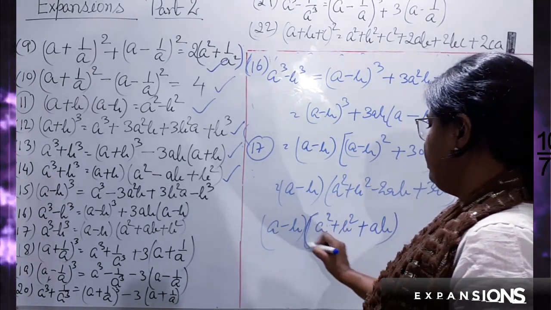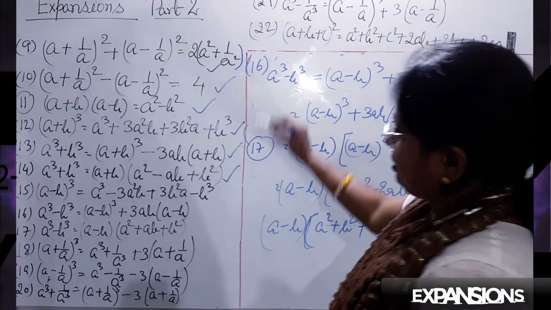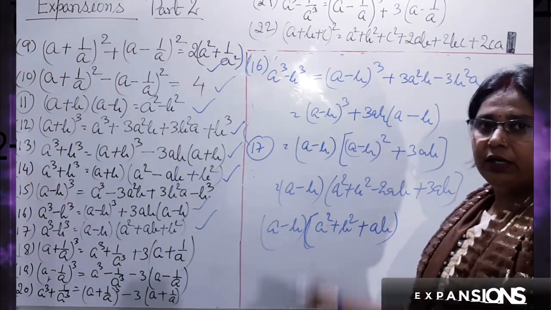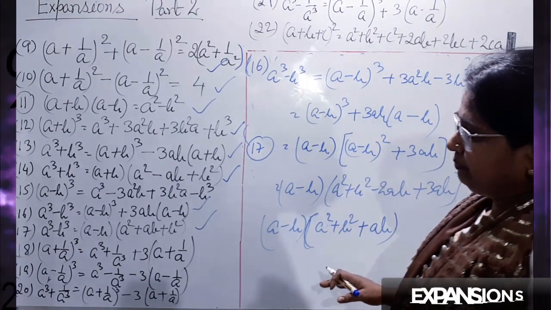It is identity. Now 16, 17 both together I explain. I hope you understand all step.